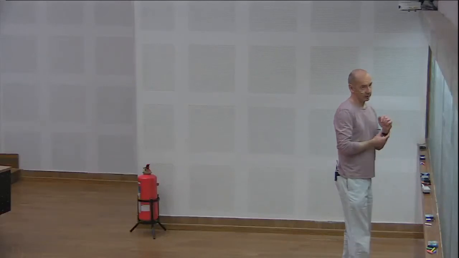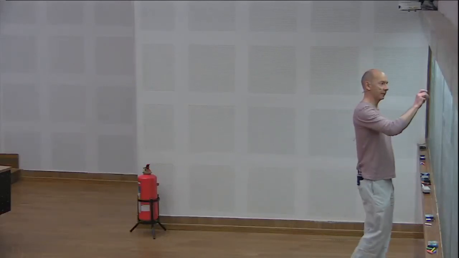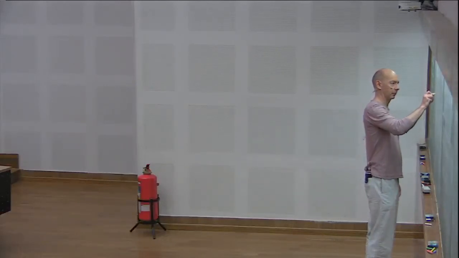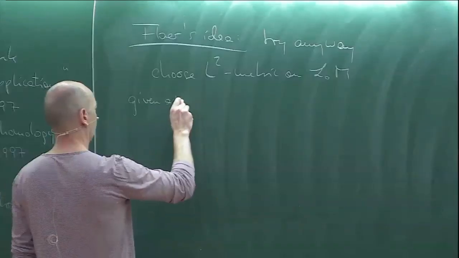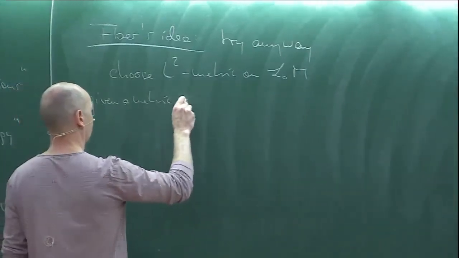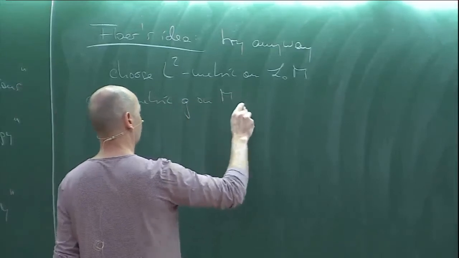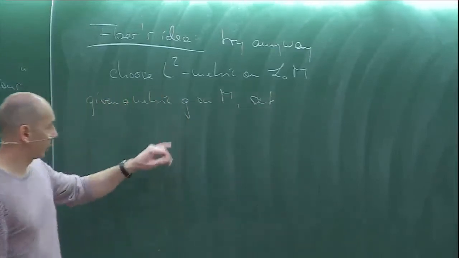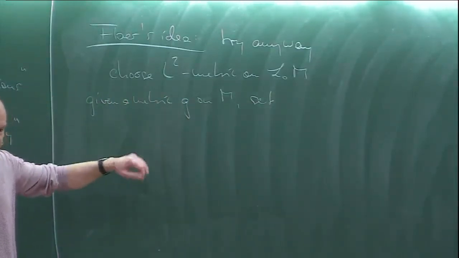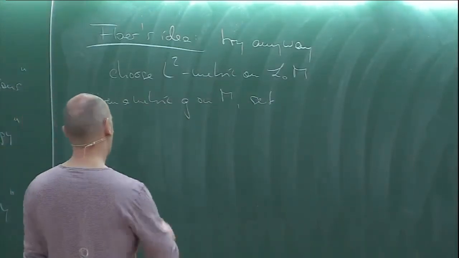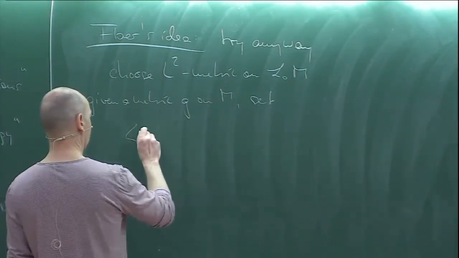But anyway, what's the L2 metric on the loop space? Given any metric G on M, in a second I'll specify a specific one, we can set the L2 metric.